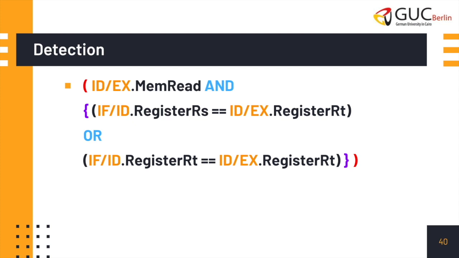So if we add both conditions together, we separate them with what? With an OR. So I'm having id/ex.memread. We will always check id/ex.memread, making sure that the memread control signal is 1.